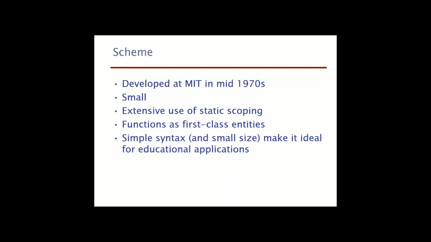Scheme itself was, as I said, a dialect that came in the mid 1970s. For what reason? They developed a subsidiary, or actually a dialect, from Lisp itself in a small size. A small size for what? They needed to suit specific applications based on static scoping, or lexical scoping.